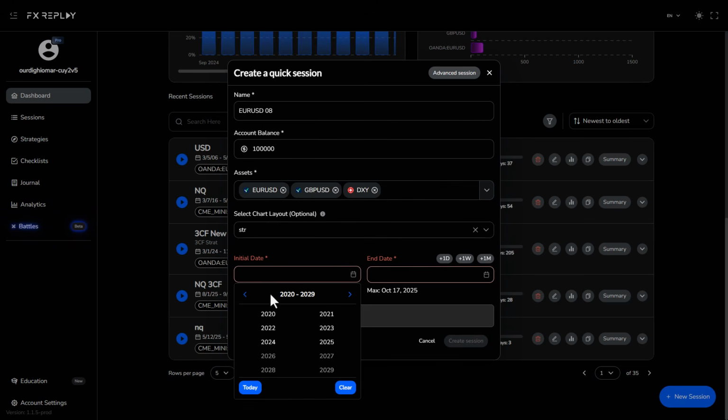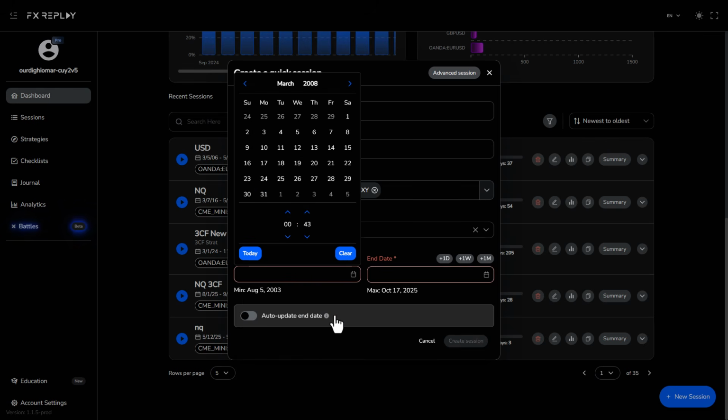Let's do 2008 or 2009. 2009, it was the housing crisis, I guess, or it was 2008. Can't remember. Let's do this.